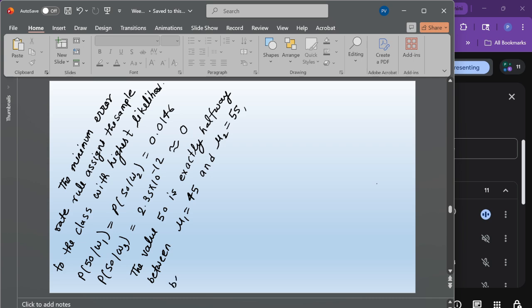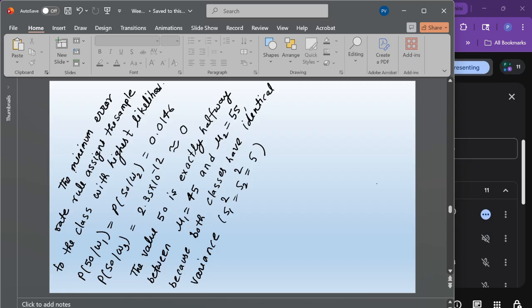So because both the classes have identical variances, that is sigma 1 square and sigma 2 square, we have equal to 5, right?